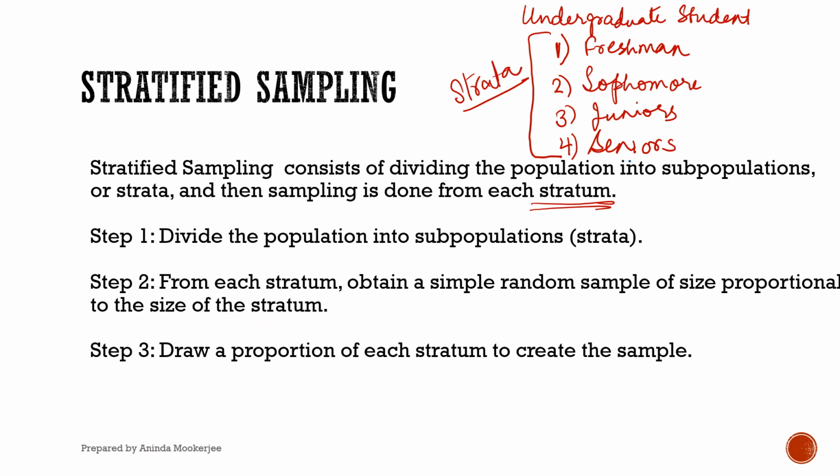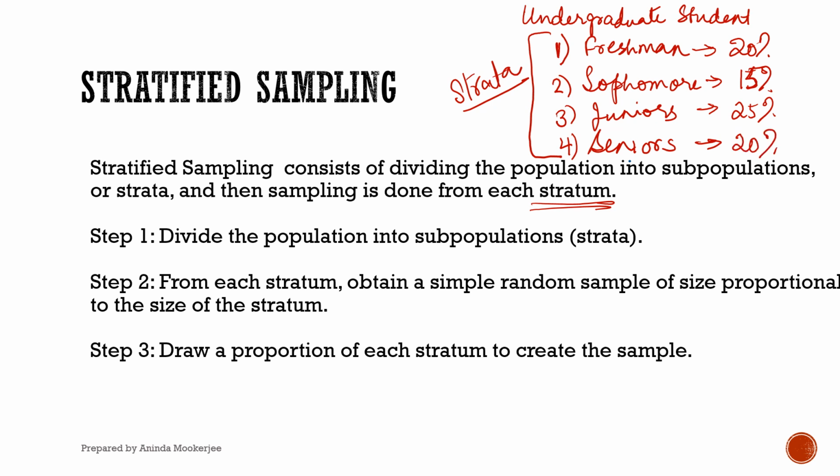That means we will randomly decide that we are going to include maybe 20% of freshmen in our sample, maybe 15% of sophomores, 25% of juniors, and seniors maybe another 20%, right?